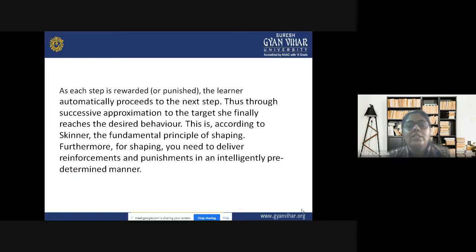Thus, through successive approximation to the target, she finally reaches the desired behavior. This is, according to Skinner, the fundamental principle of shaping. Furthermore, for shaping, you need to deliver reinforcements and punishments in an intelligently predetermined manner.